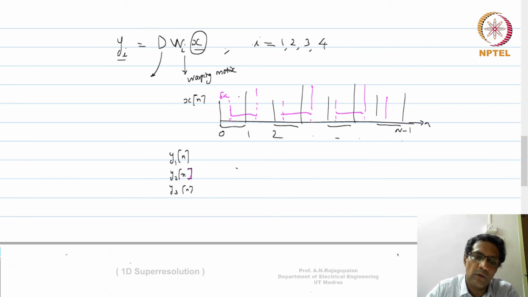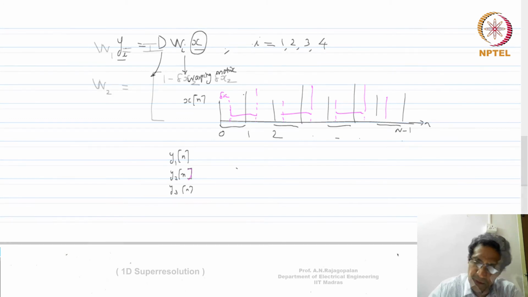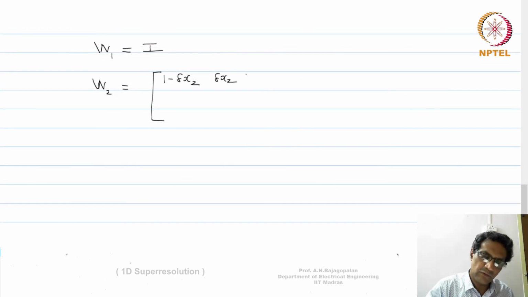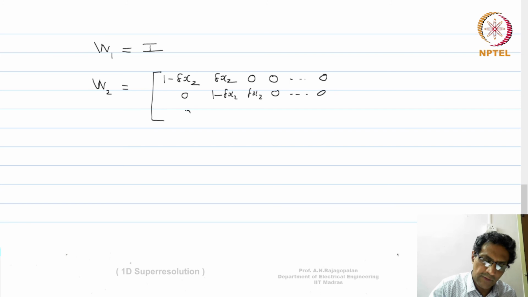If it is 2D, then you would do a bilinear interpolation, but in this case it is a linear interpolation. So 1 minus delta x2, then 0, 0, 0, then 0, 1 minus delta x2, and so on, all the way up to 1 minus delta x2. This will be the form of W2.